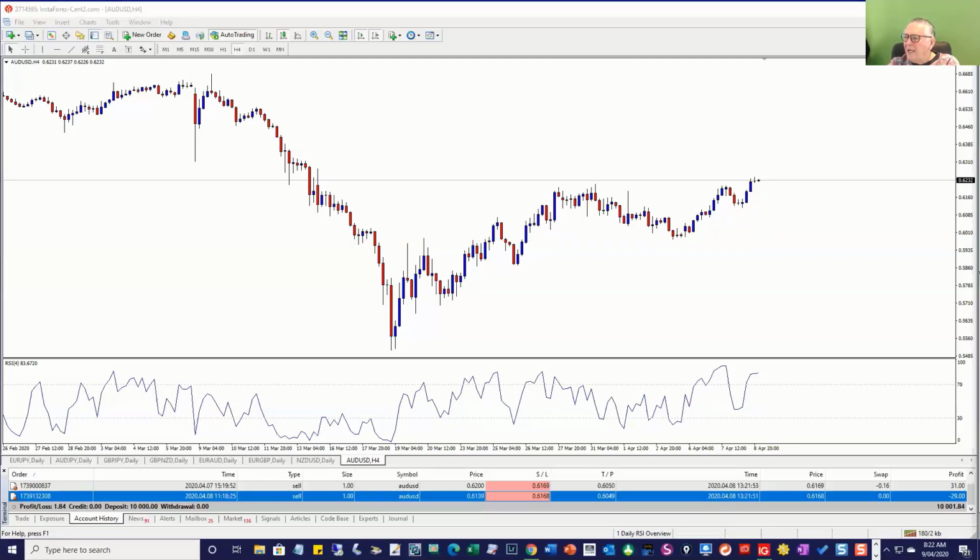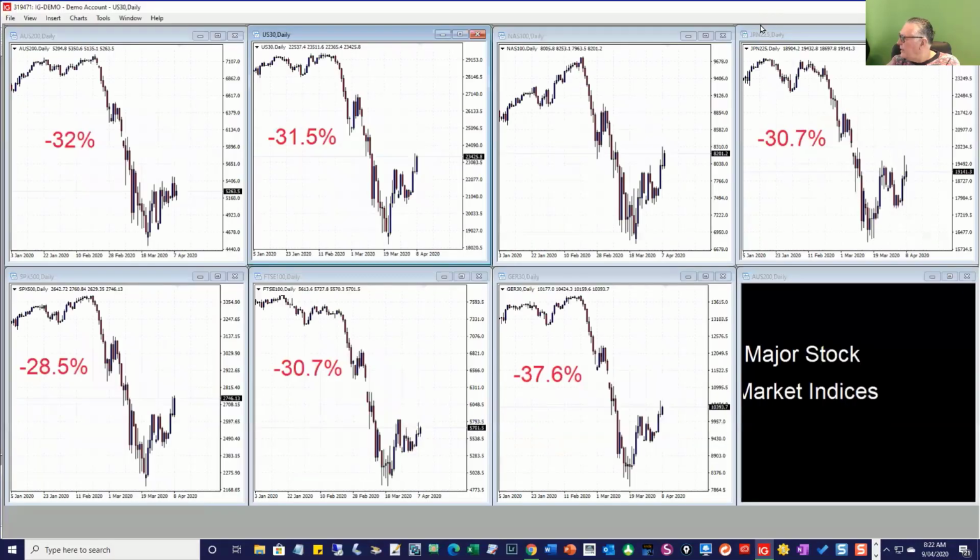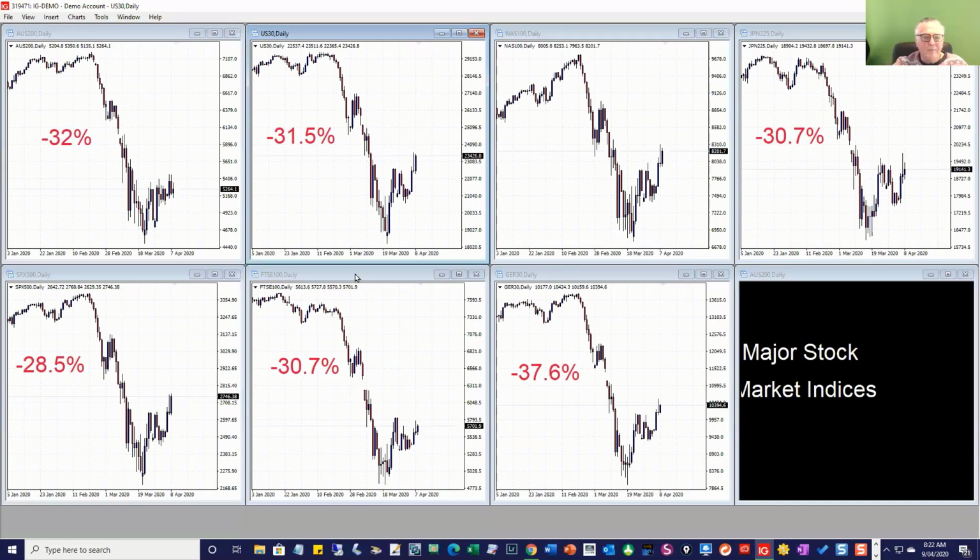For instance, part of what we're going to do today is look at the stock market, and what we're seeing is more confidence coming into the stock market. We can see the US 30 going up nicely, the NASDAQ going up, and Japanese going up, and Germany going up, and the FTSE and SPY and Aussie.